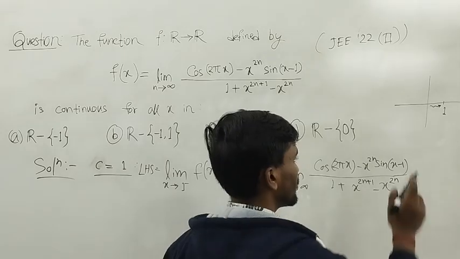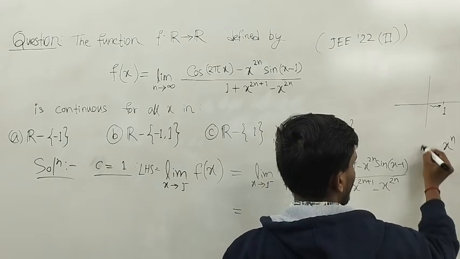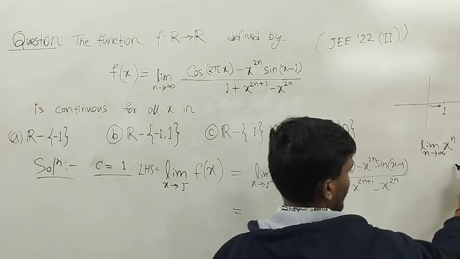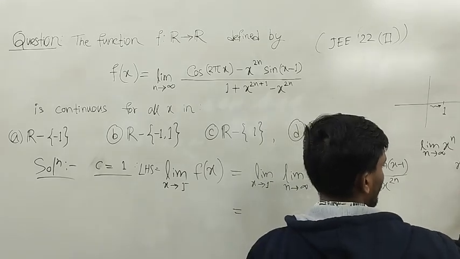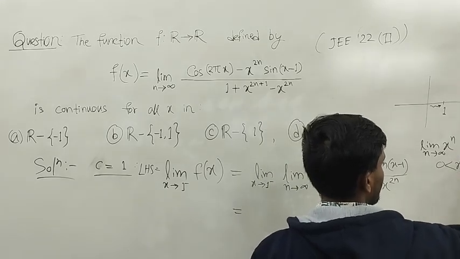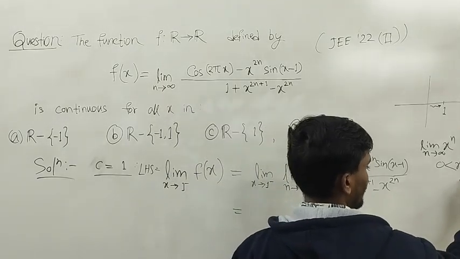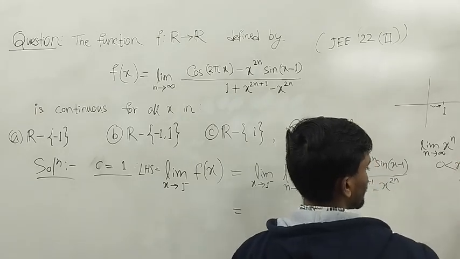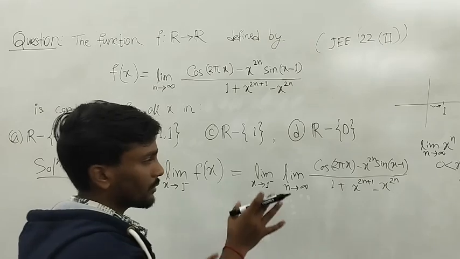One note: if x is to the power n and n tends to infinity, and x is between 0 and 1, then this limit is always 0. And if x is greater than 1, then this limit will be infinity.